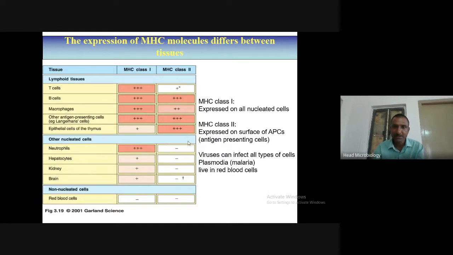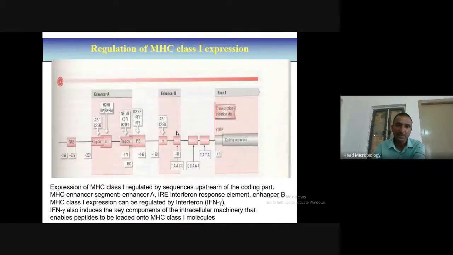It is exposed on the surface of antigen presenting cells. MHC2 is expressed on the surface of the antigen presenting cells, and different viruses can infect all types of cells, as can plasmodia, malaria, and different parasites in red blood cells.